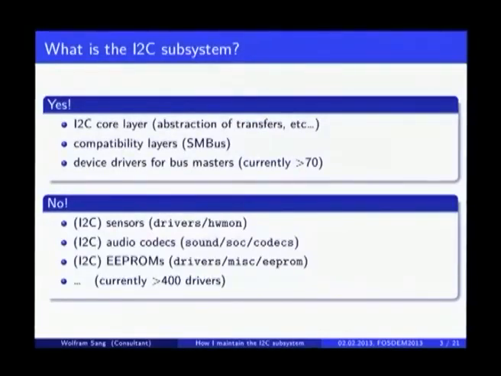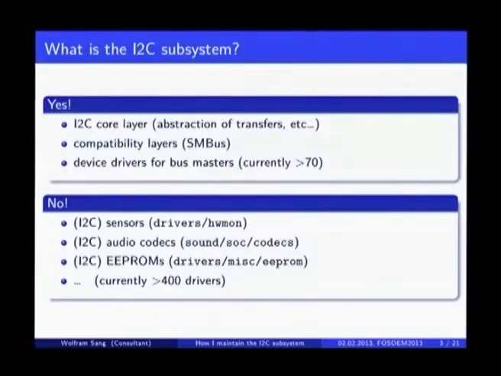There are buses which are similar to I2C, namely SMBus. We have a compatibility layer in the kernel. I also look after that. And as I said before, we have a master-slave relationship. There's a master requesting data and a slave, a sensor, a temperature sensor, or a data storage device. I also take care of the master drivers.